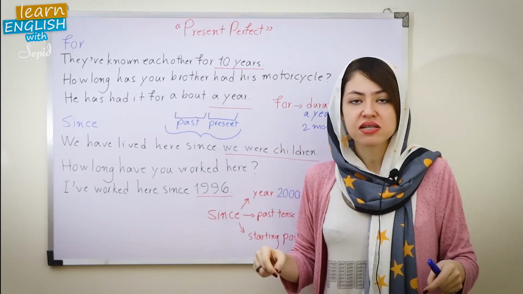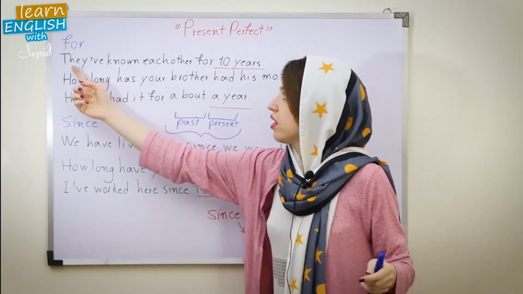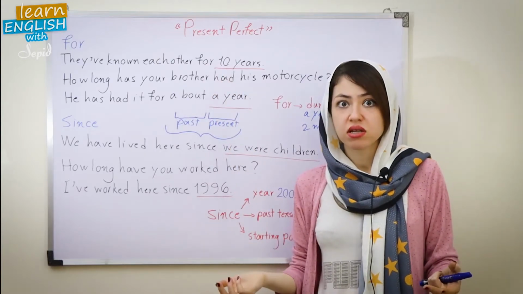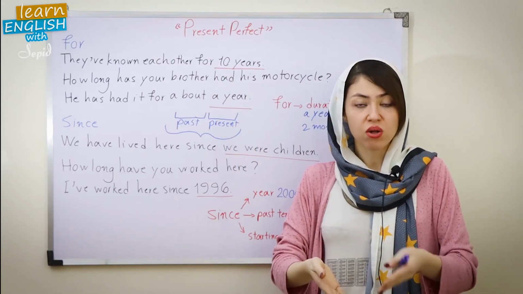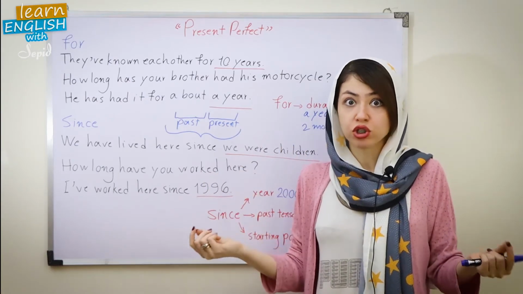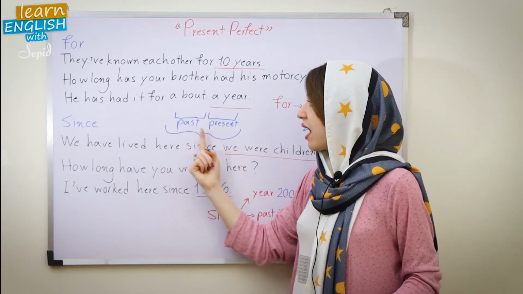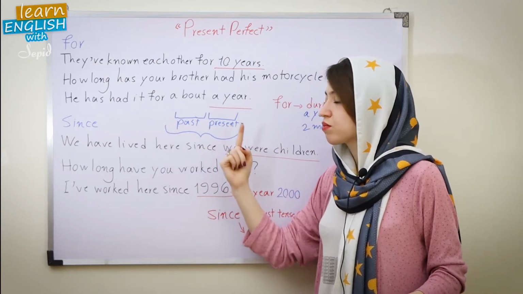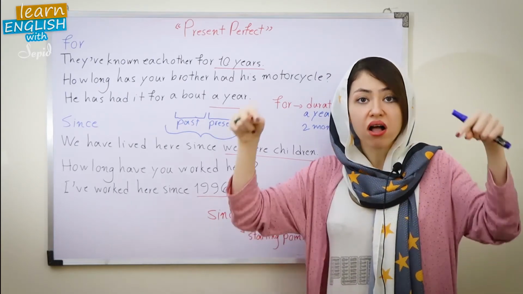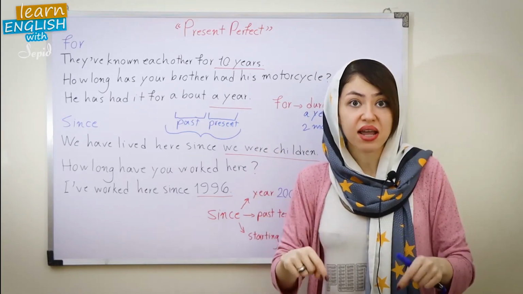If we use past tense, it's gonna be totally wrong, okay? So, they knew each other for 10 years. It means right now they don't have any relationship. And we don't mean this, okay? We mean, if we want to talk about the past and present, we can use present perfect. It means we have known each other and right now that person is my friend.